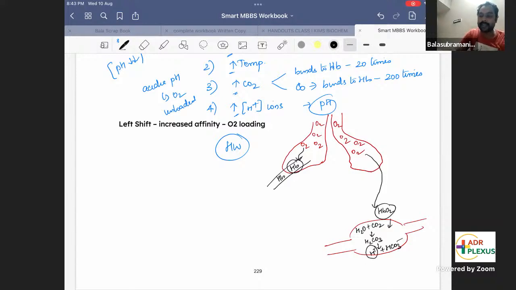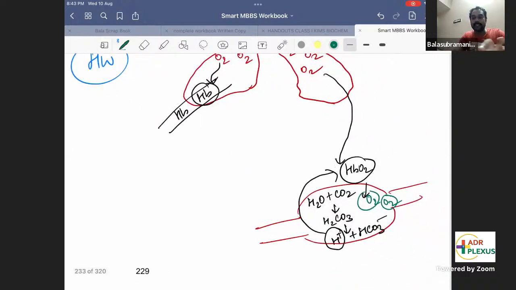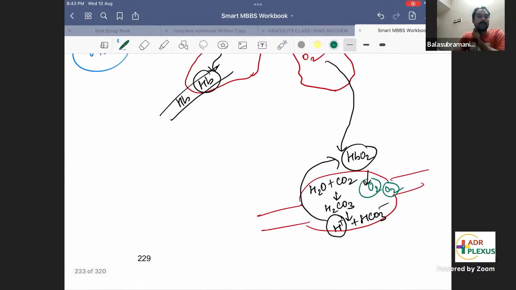But what do we have here? We have the H plus. H plus decreases the affinity of oxygen towards hemoglobin, and the oxygen is unloaded. The skeletal muscle also wants more and more oxygen. So now the Hb, after unloading oxygen, is free.